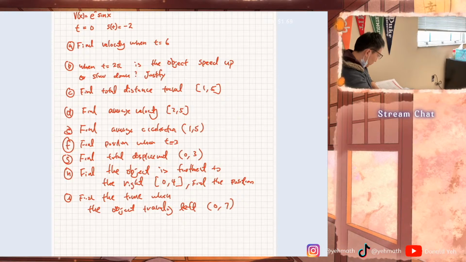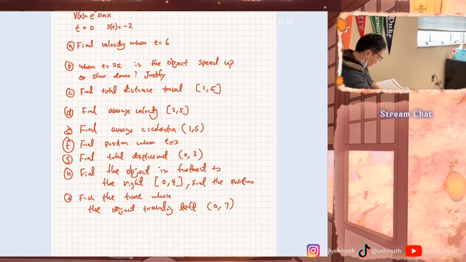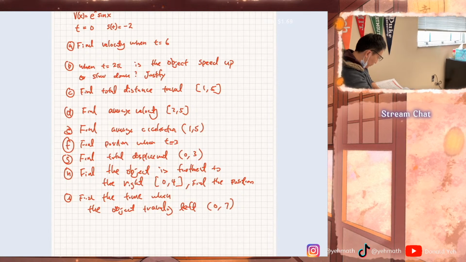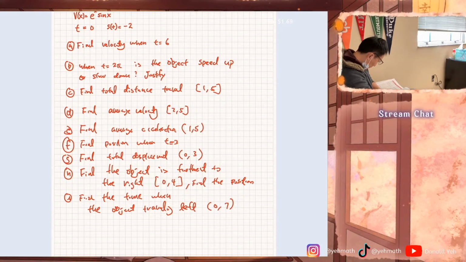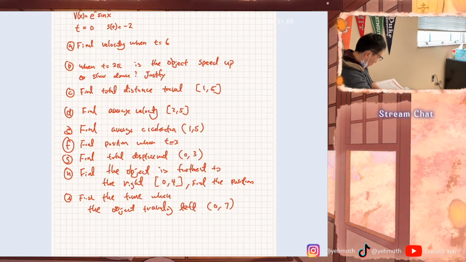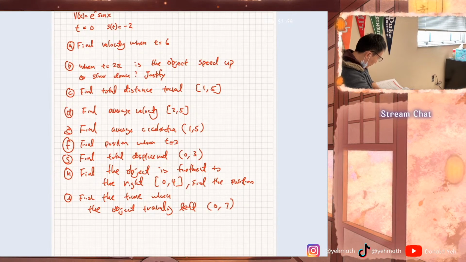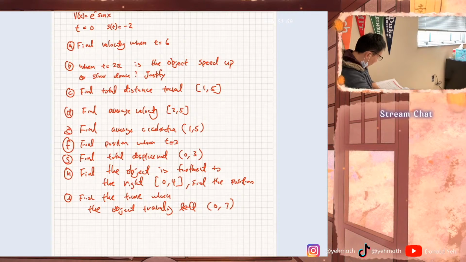It's part of the word. He's like frogs. What's that?